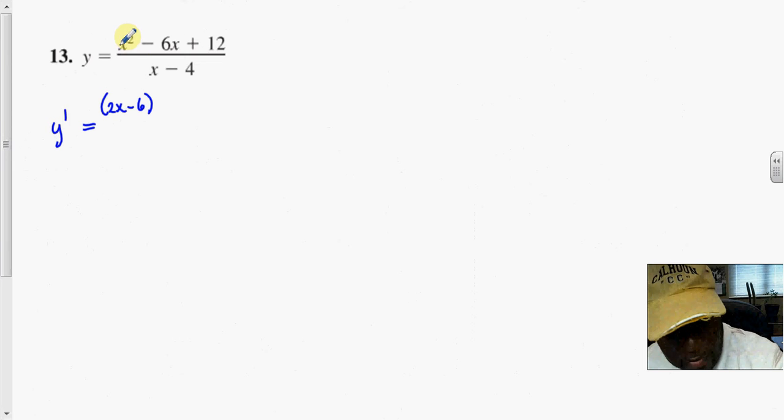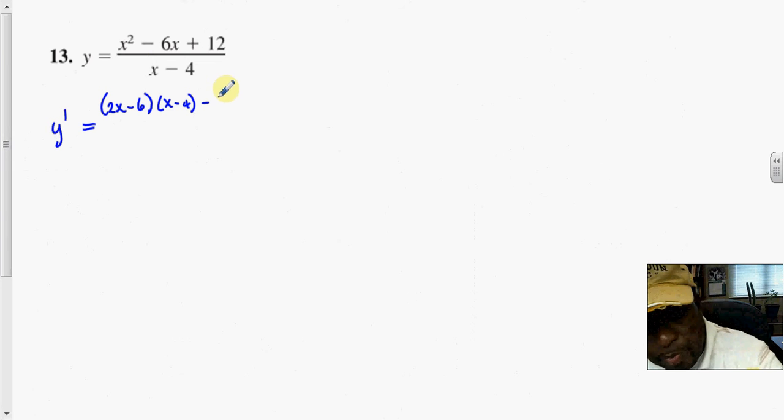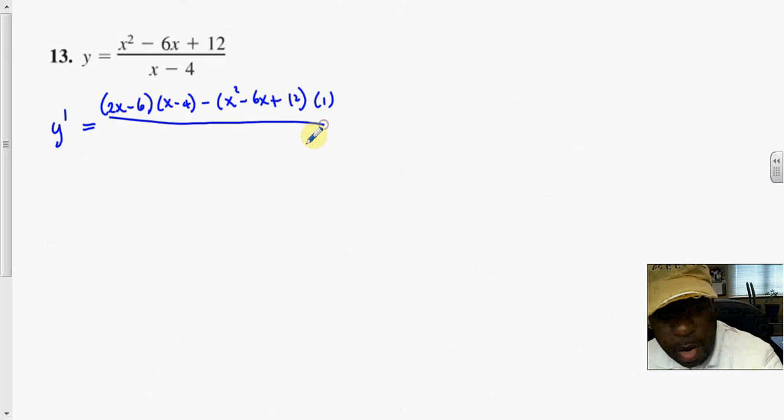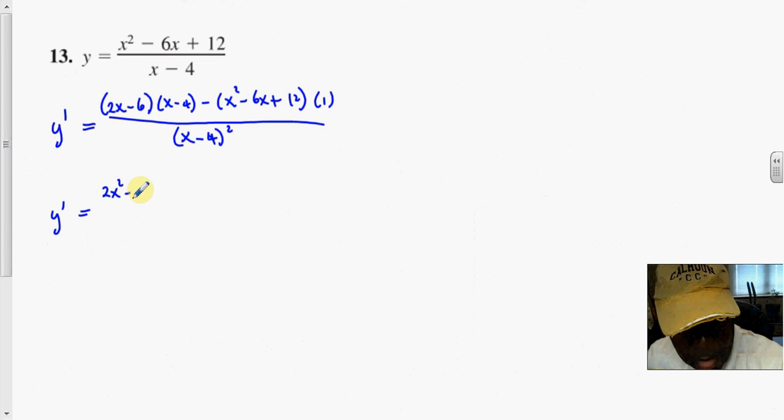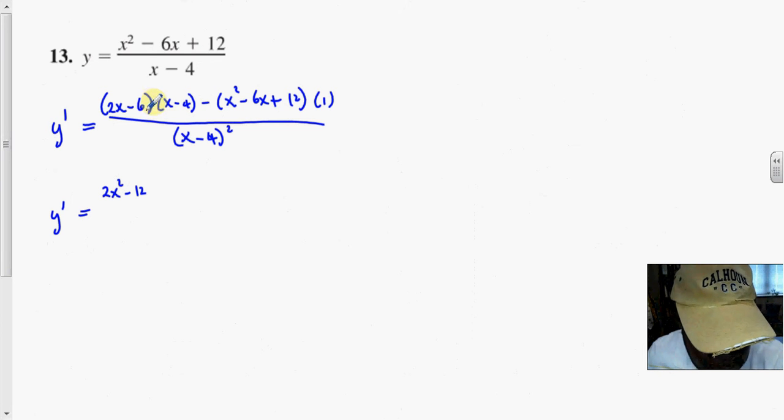So it's the derivative of the numerator times our denominator minus the numerator times the derivative of our denominator, which is just 1, all over our denominator squared. So here y prime is 2x squared minus 12x minus 6x.